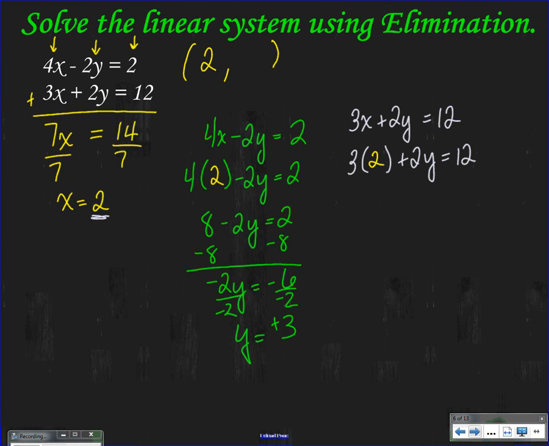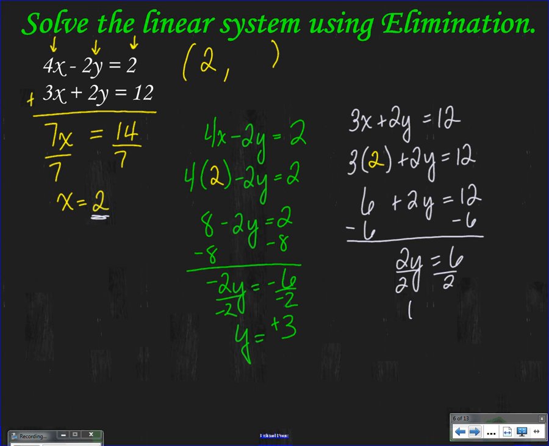Now I should get 3 again, correct? So if I'm solving for y, I should get the same answer. So 6 plus 2y equals 12. Subtract 6 from both sides. 2y equals 6. Divide by 2. And y equals 3. Awesome.